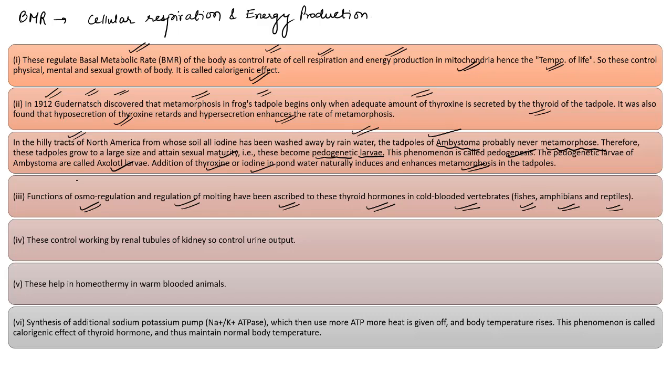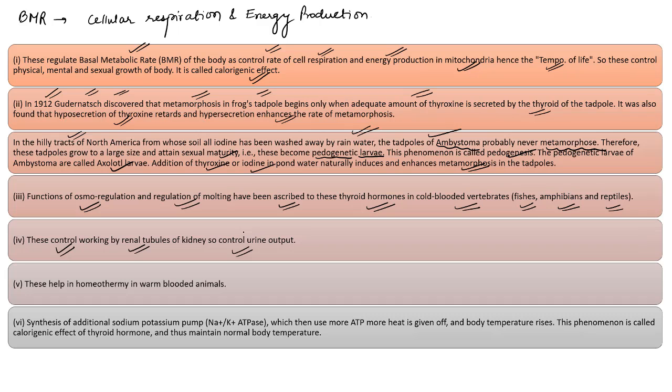Next function: they control the working of renal tubules of kidneys, so they control urine output. The thyroxine hormone helps control the urine output because it helps to maintain the BMR. It means it helps maintain the amount of production of metabolic waste.